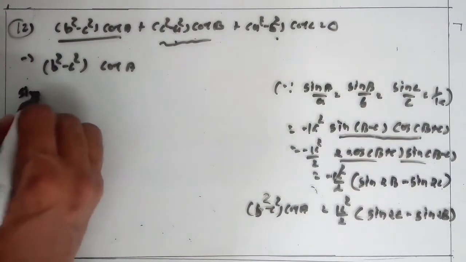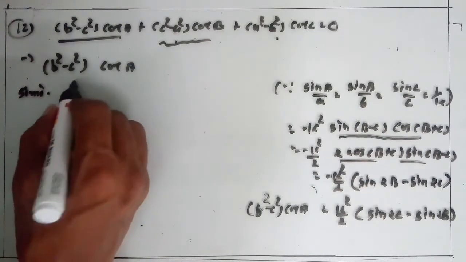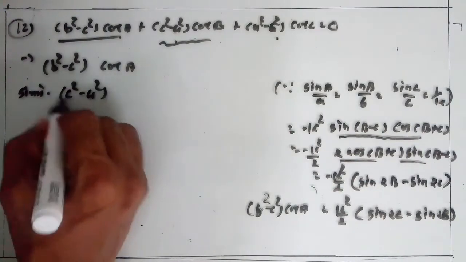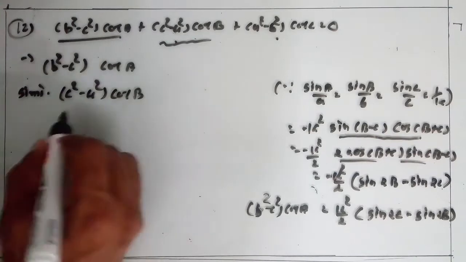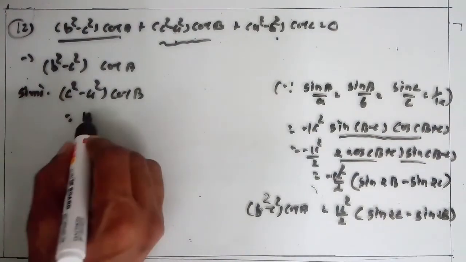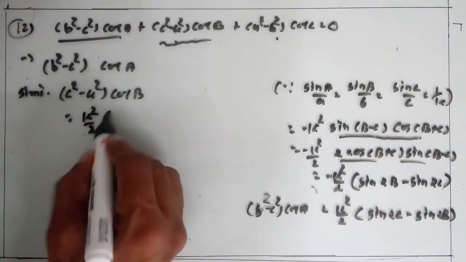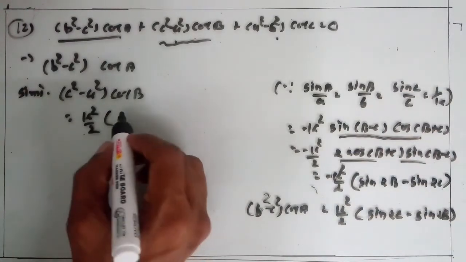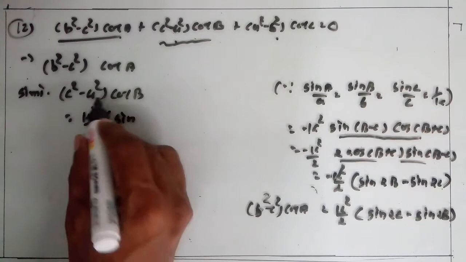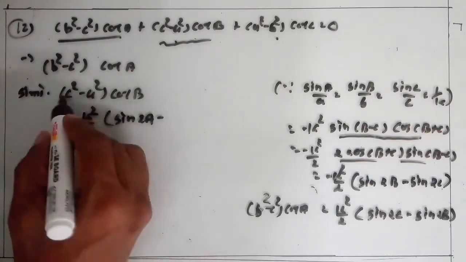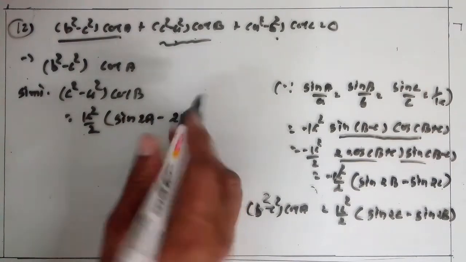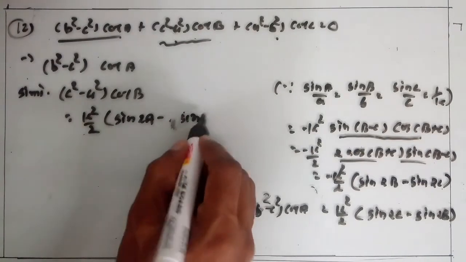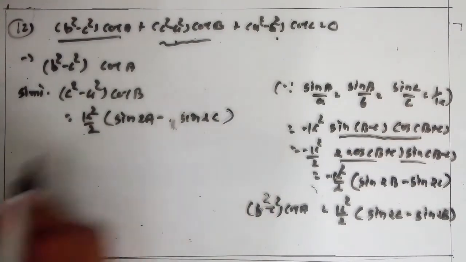Similarly, write this for the terms: (c² − a²) cot B is equal to k²/2 (sin 2A − sin 2C).